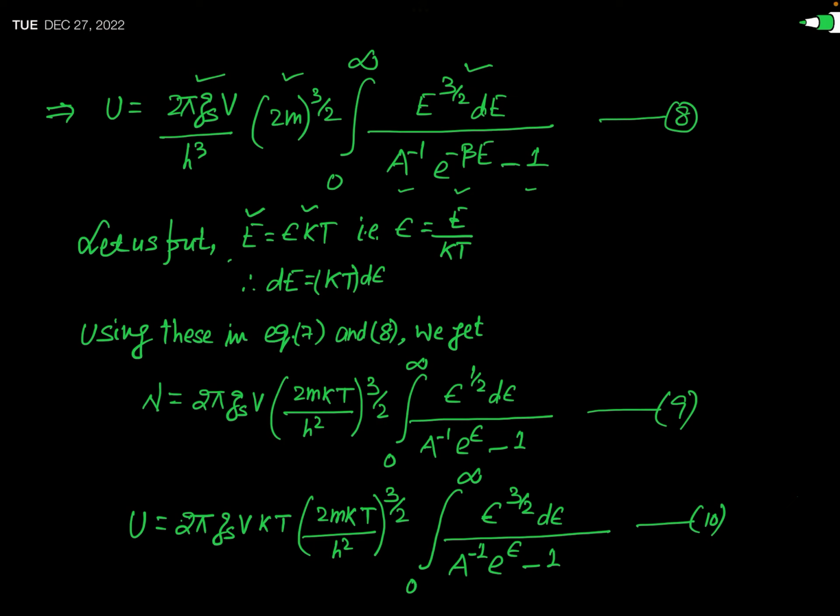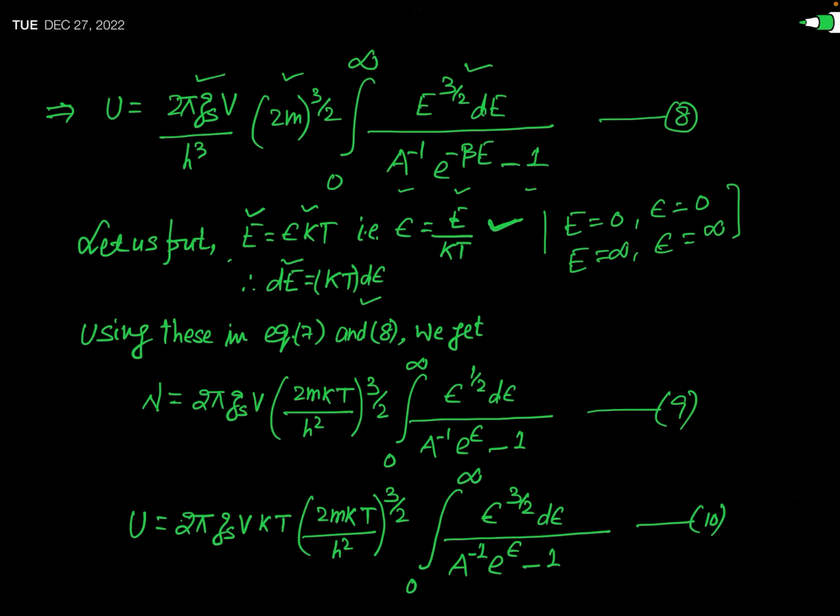So dE will be equal to kT dε. When we change the parameter from E to ε, the limits of 0 and infinity do not change, because when E is 0, ε is 0 by kT, that is 0, and when E is infinity, ε is infinity by kT, which is simply infinity. So the limits remain 0 and infinity.